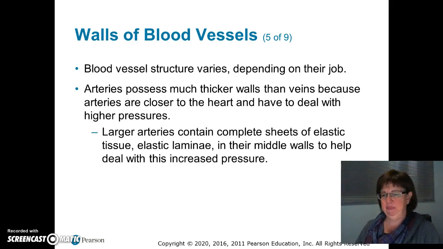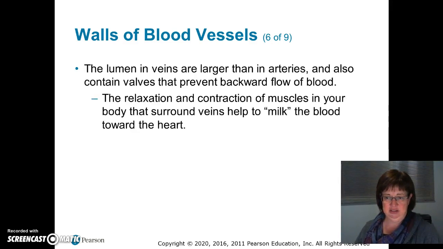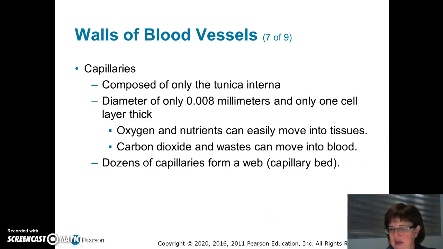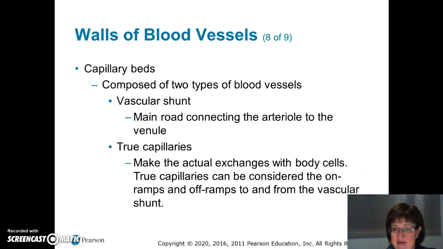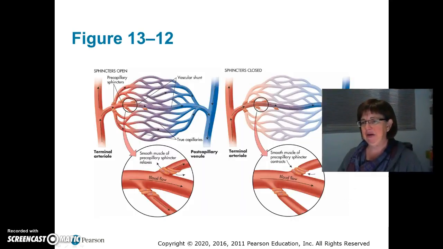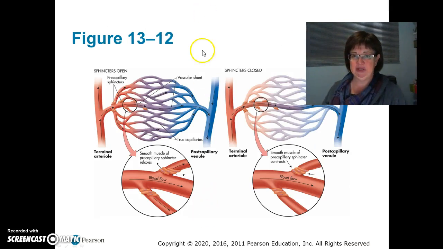Vessels change depending on their job, as we talked about. Arteries are thick-walled, veins aren't. Capillaries are very thin. Nutrients move back and forth in the capillaries, and you have millions and millions of capillaries. We talk a little bit about something called capillary beds and precapillary sphincters.